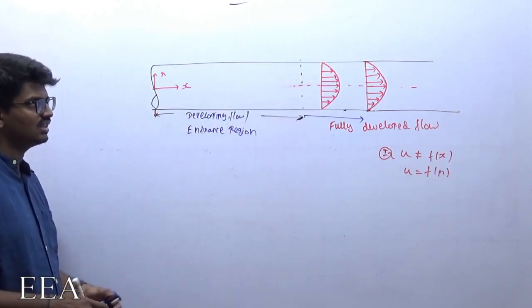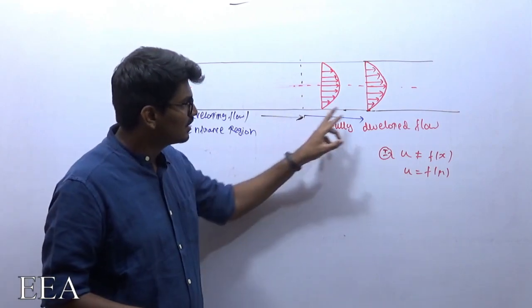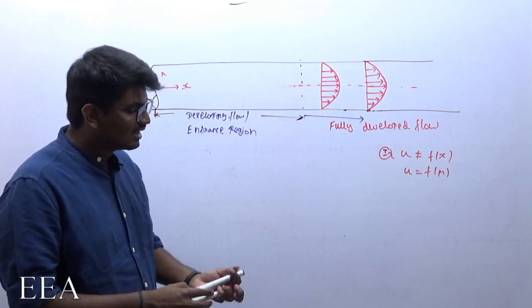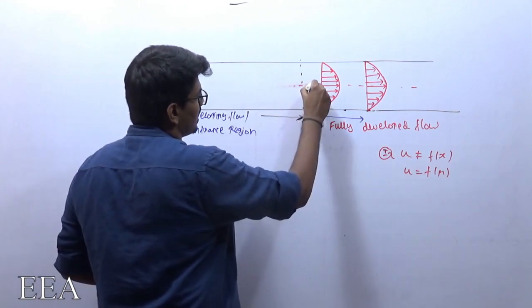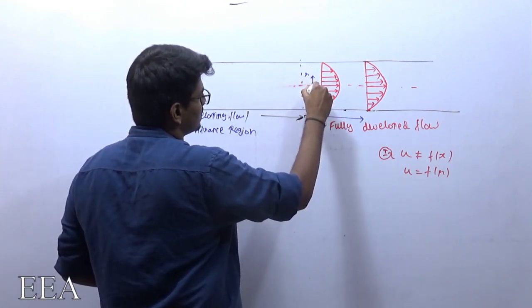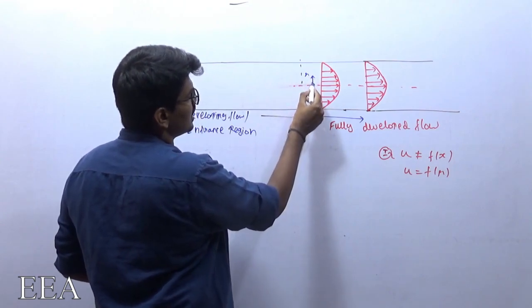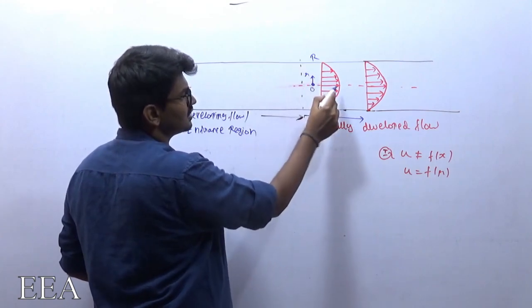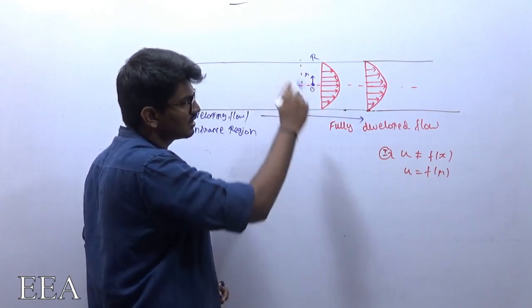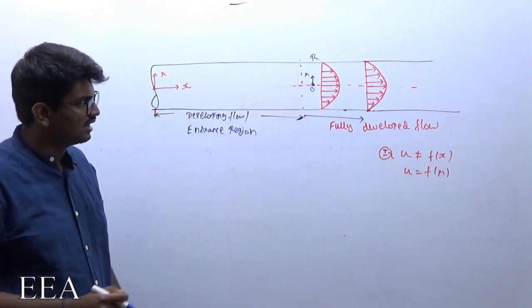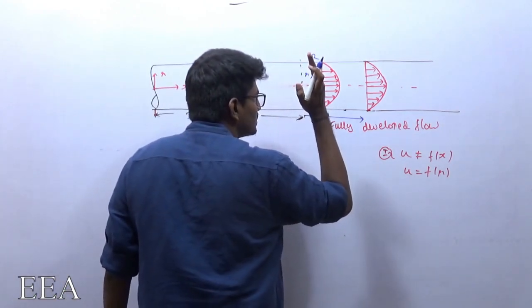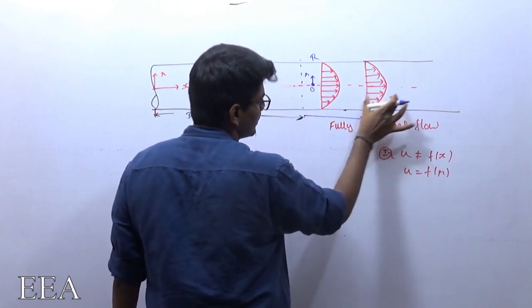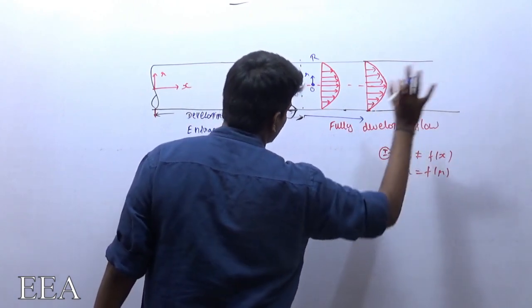I didn't draw it properly, but let me explain it. Listen. Velocity can vary radially. If I increase the radius, here the radius is 0, and as I continuously increase it, the radius varies from 0 to r. So as I increase the radius, the velocity profile can vary radially. But whatever the velocity profile is here, the same velocity profile is here also, and here also.